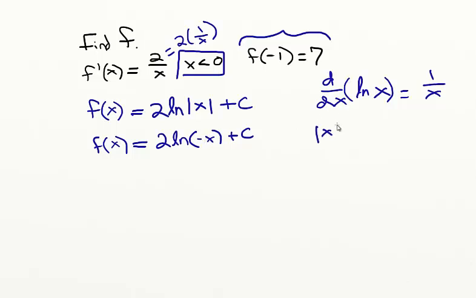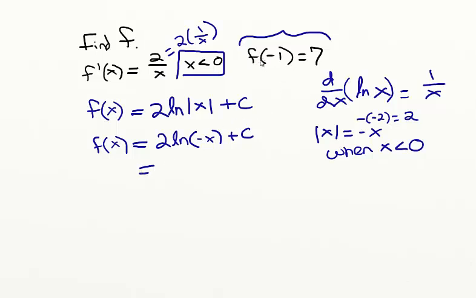So really the absolute value of x is equal to negative x when x is less than 0. You can check that by plugging in a negative number, say negative 2. Negative times negative 2 is a positive 2. So it does the same thing as the absolute value function. So this is okay.